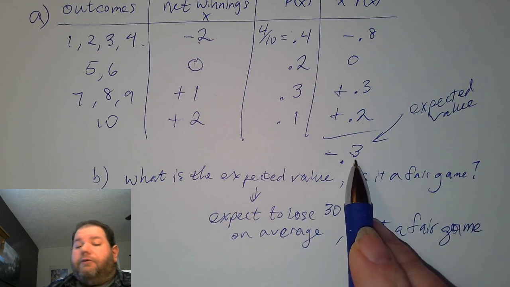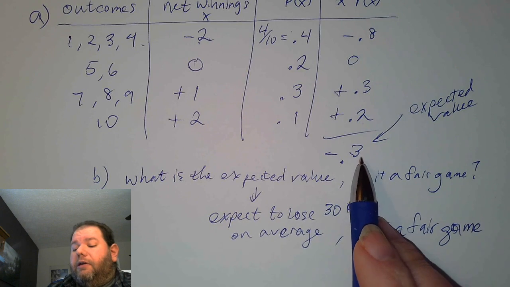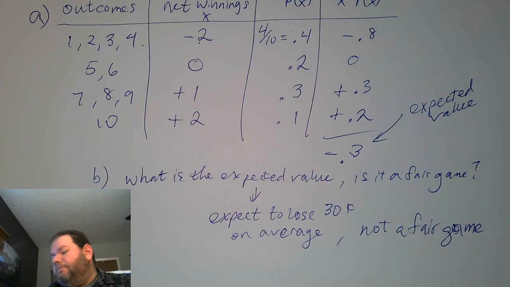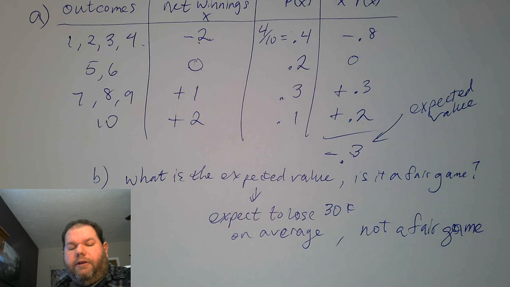So if we had gotten a 0 here, then yes, it's a fair game. Anything else, though, not a fair game. And that's all you'll have to type in there. It doesn't have to be real elaborate. I would prefer complete sentences, even though I'm not setting a great example right now. But yes, that's all we really need there.